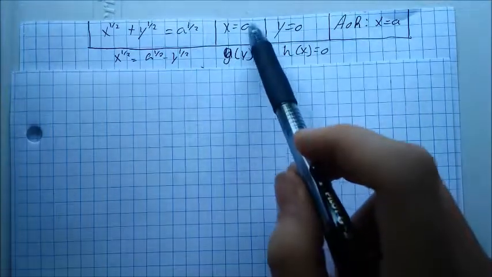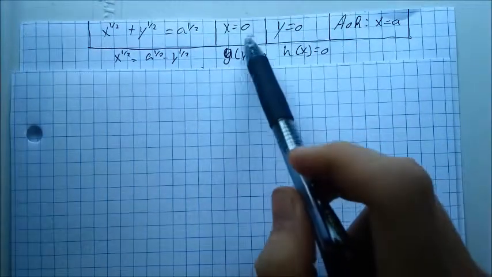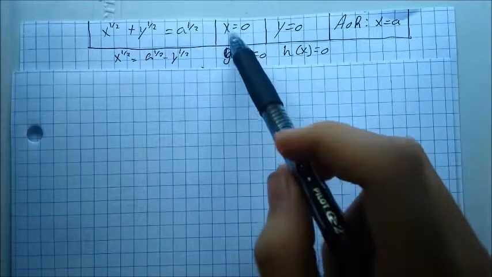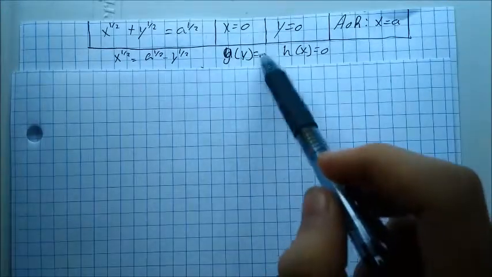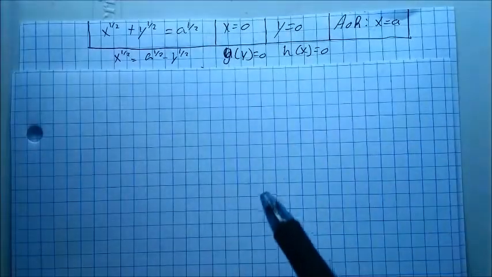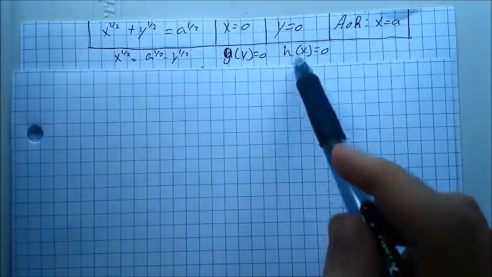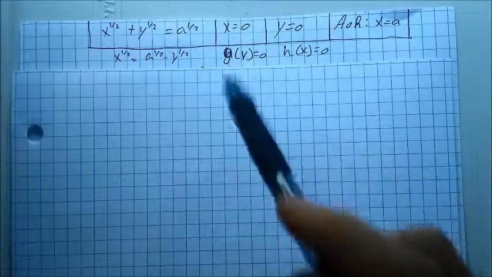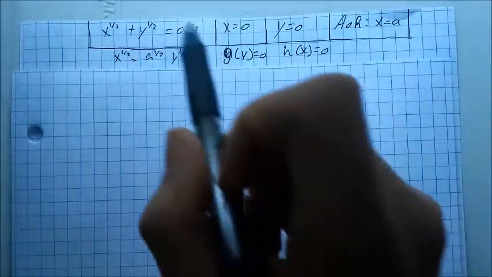It just so happens that in this particular case, we have 0 y's. So we can still write it as g of y, there are just no y's to be found. And with the same logic, we can turn this y equals 0 into h of x equals 0, just so everything's in function notation, and this is fine.